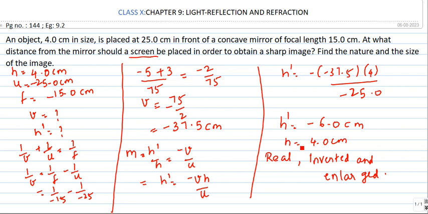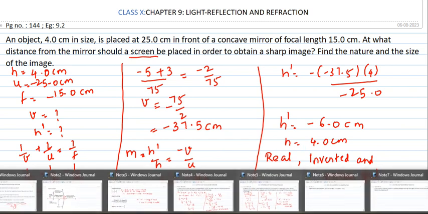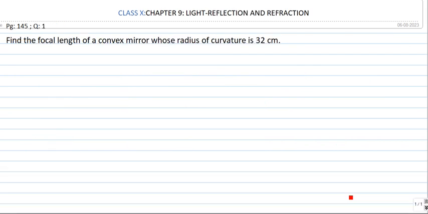So we will go to the next question, which is in page number 145. We will go through this sum. Find the focal length of a convex mirror whose radius of curvature is 32 centimeters. This is a very, very simple sum. This could probably come for half mark or so, that's all.